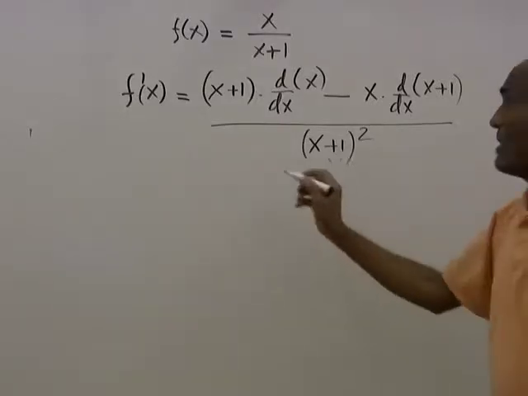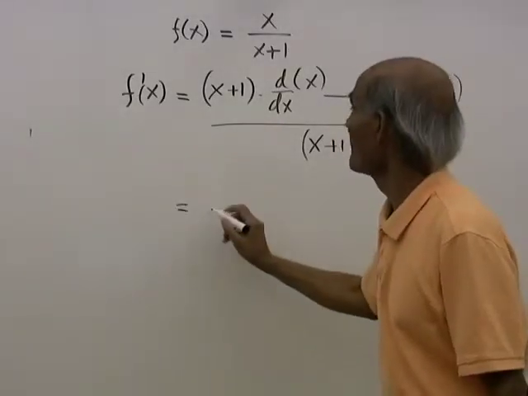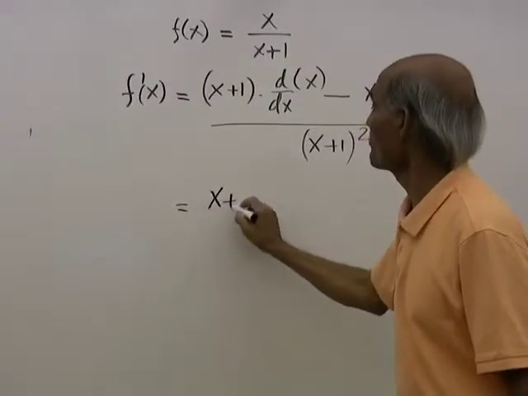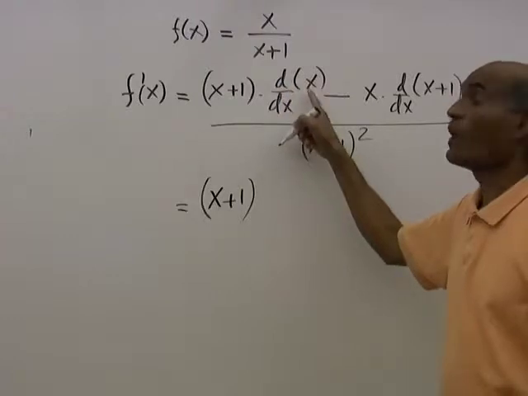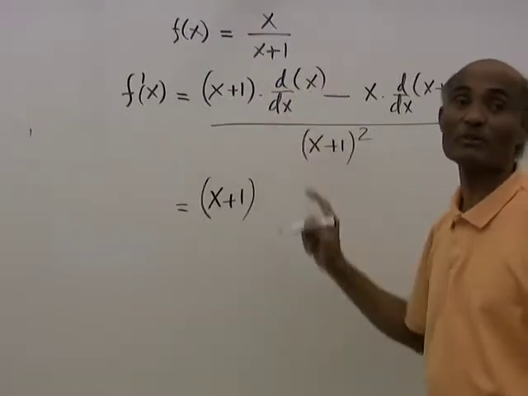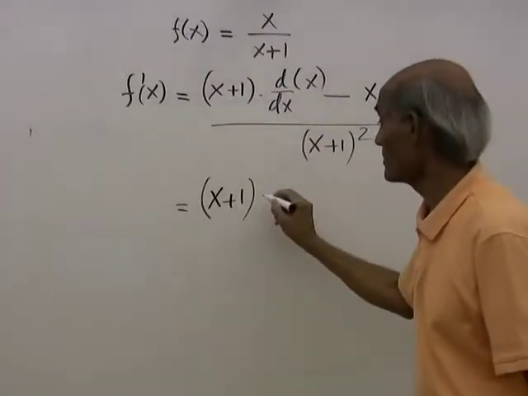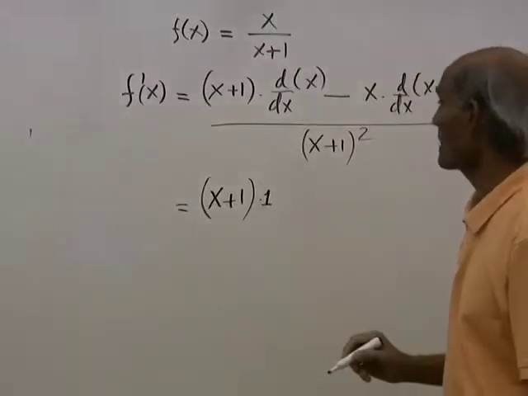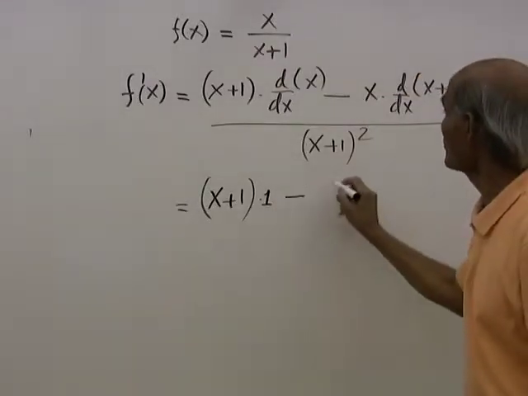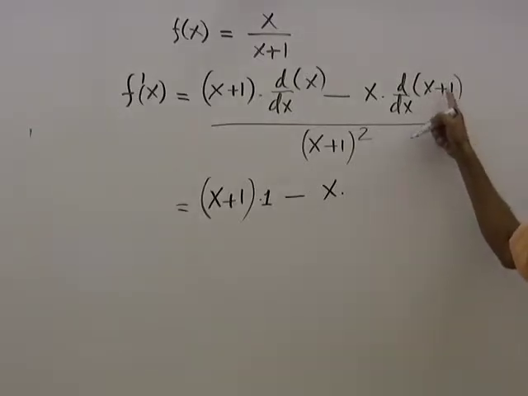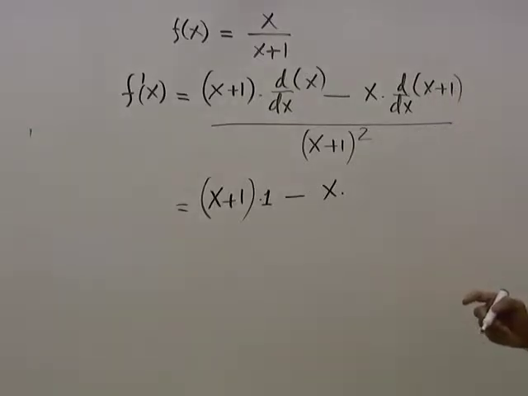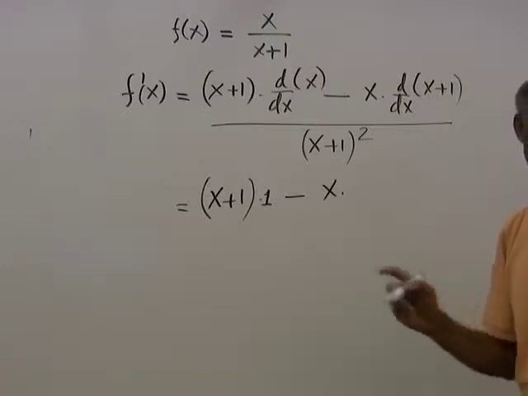Right? Okay, let's simplify that. That will be x plus 1 times the derivative of x with respect to x, which is 1. So that will be multiplied by 1, minus x times the derivative of x plus 1. What is the derivative of x plus 1?